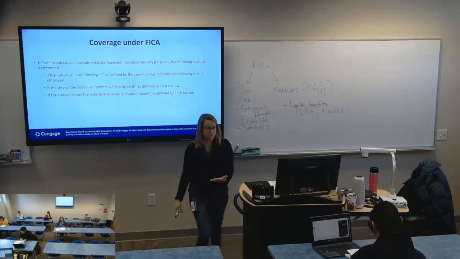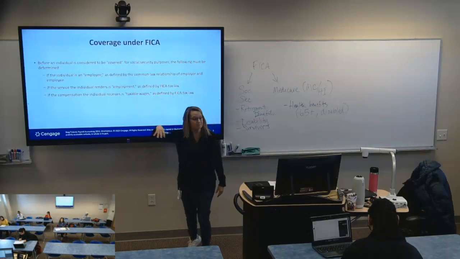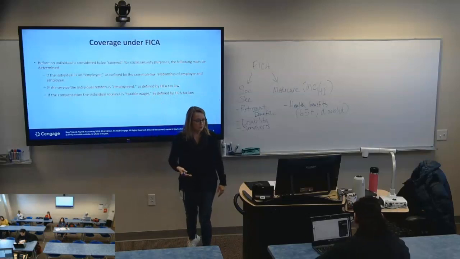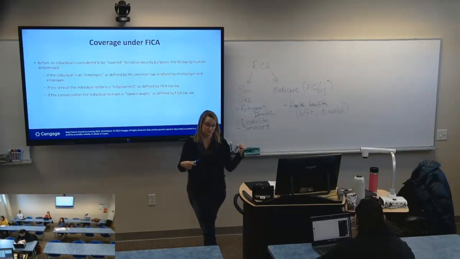So that money is not subject to Social Security or Medicare taxes. So only that income from employment or from self-employment. So individuals who work for themselves also have to pay Social Security and Medicare taxes.